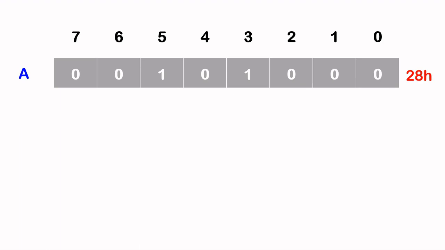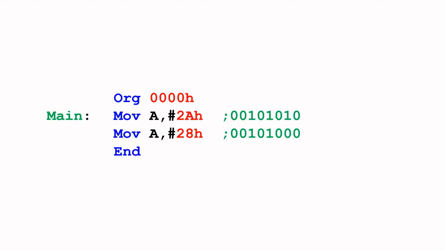Let's take a look at another value. This time we're going to put 28 hexa. In binary, that would be 0, 0, 1, 0, 1, 0, 0, 0. And the number of ones in the accumulator now is even. So the P flag will be set to a 0. So here's the code for demonstration.